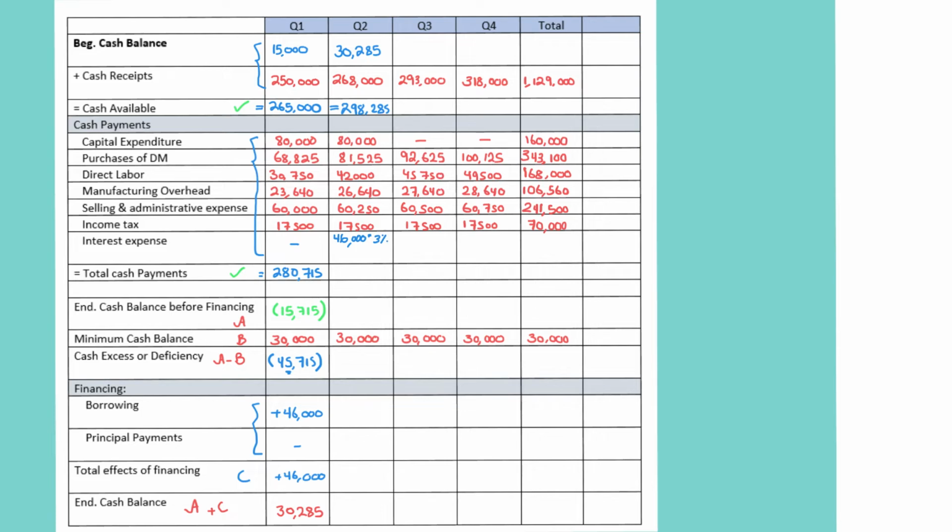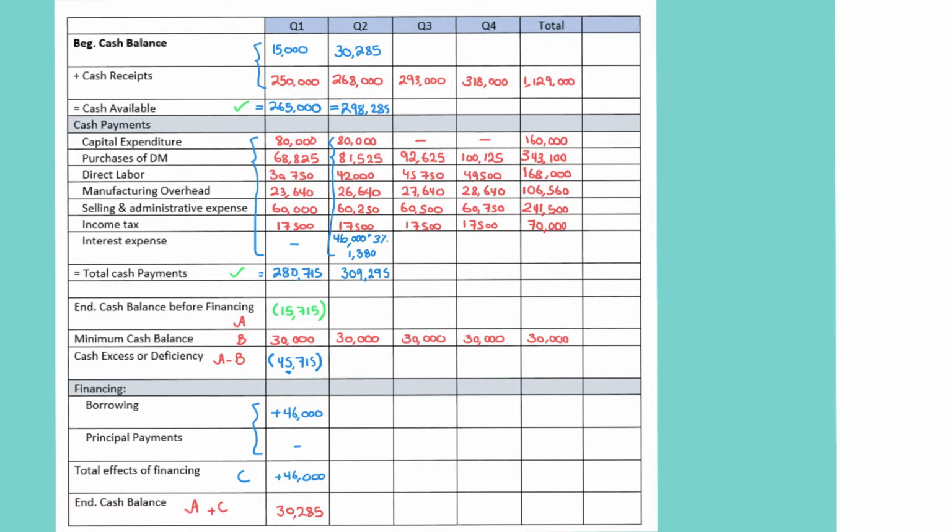It's going to be 1,380. Now I need to add all of my payments to get the total cash payments, which is 309,295.